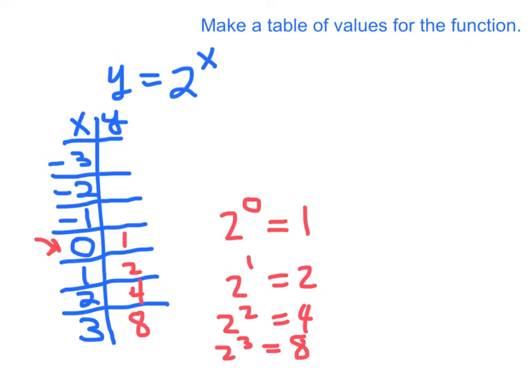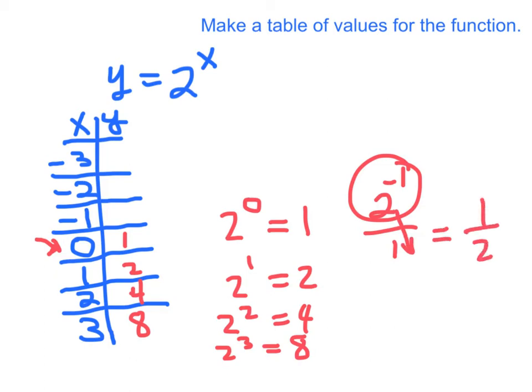Now for the negative exponents, we can remember that they are the reciprocal of the positive exponents. So if we were to plug in -1, we would have 2 to the -1, where this part would move down and it would become 1 over 2 to the 1, which is 1/2.